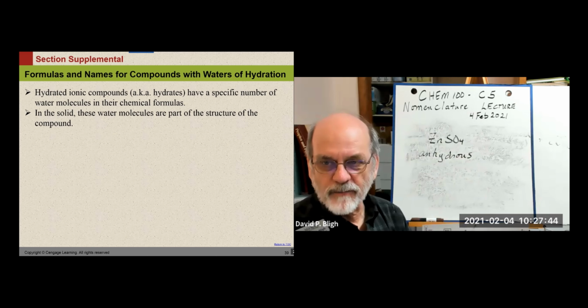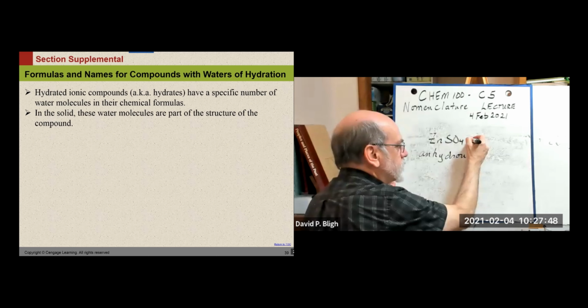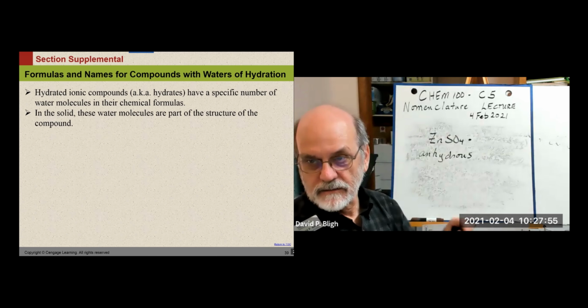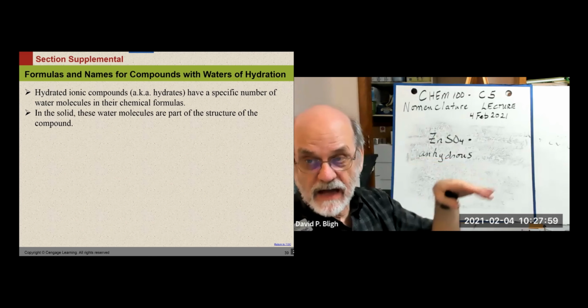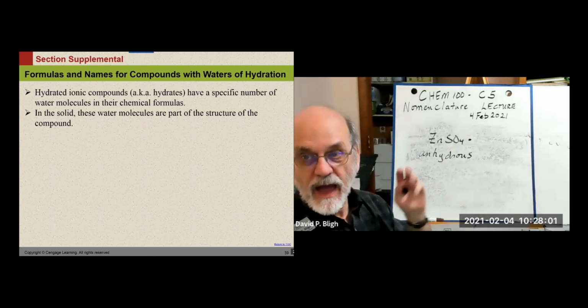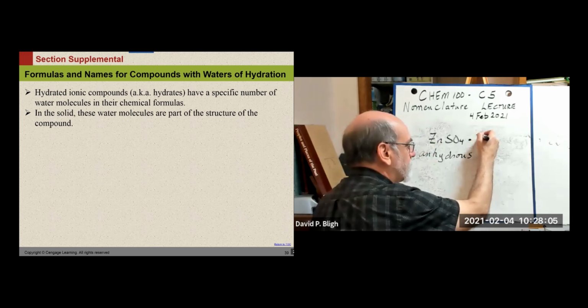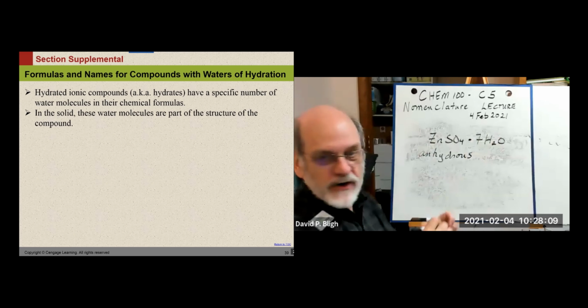Well, when we write the compound, we separate the compound from the waters using that dot. It's not a period, it's a midline dot. And then we put how many waters are there. In the case of this compound, there are 7 of them.